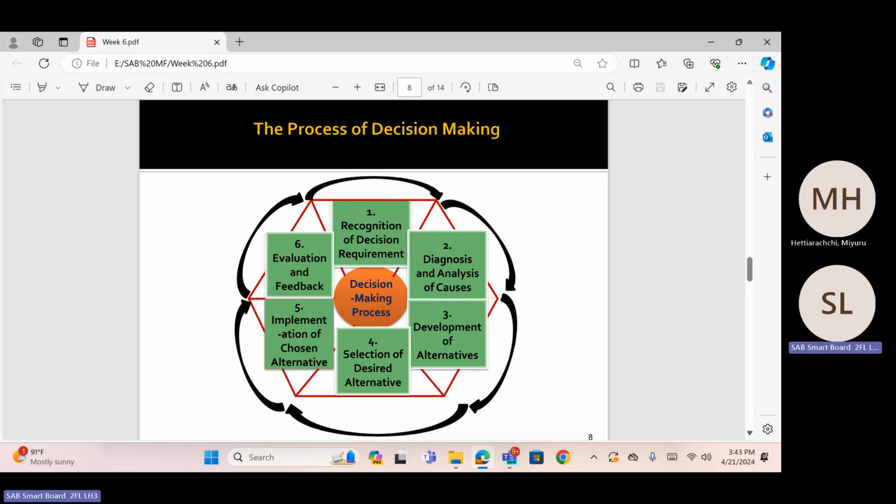Mostly we don't do the feedback step. It also should be done. Feedback is essential to complete any process. Feedback is a must. Okay, then all have been explained again in the handout.